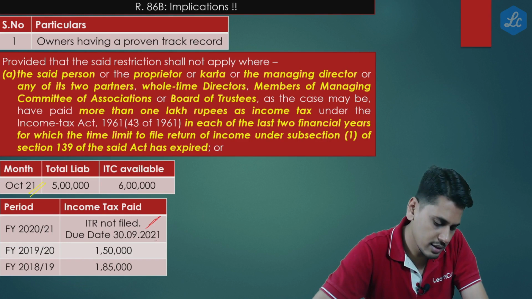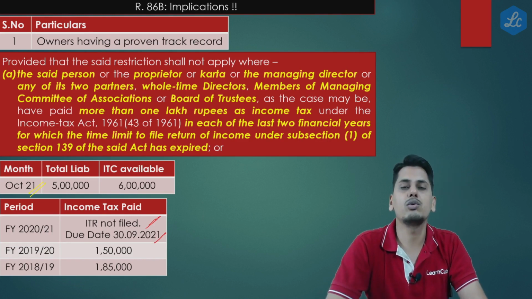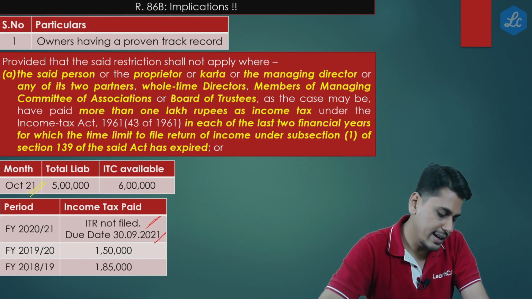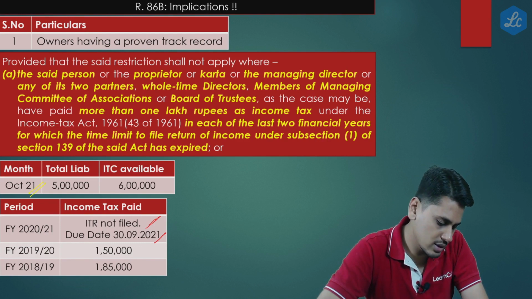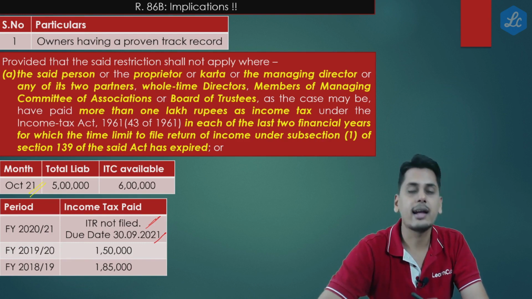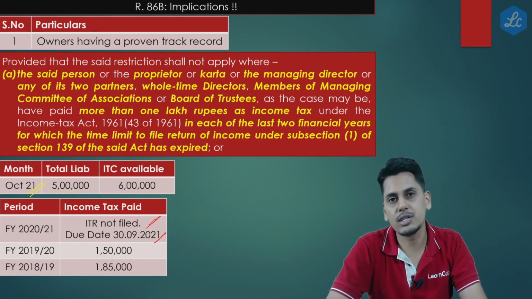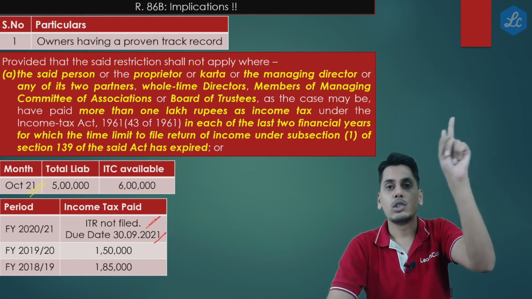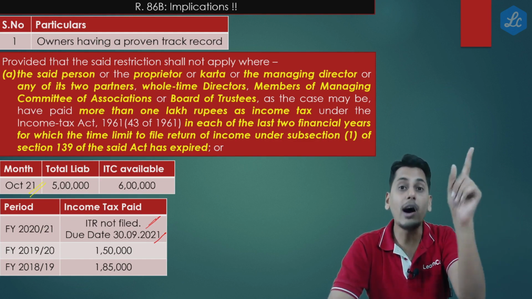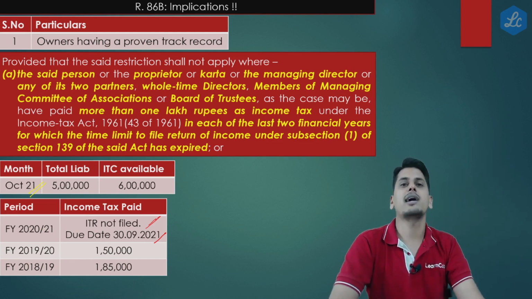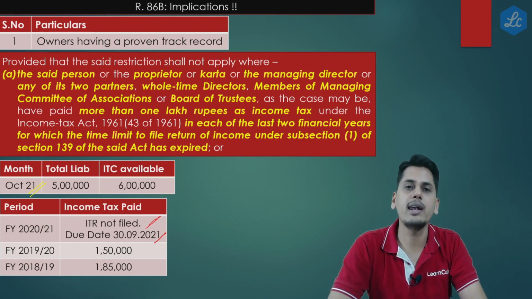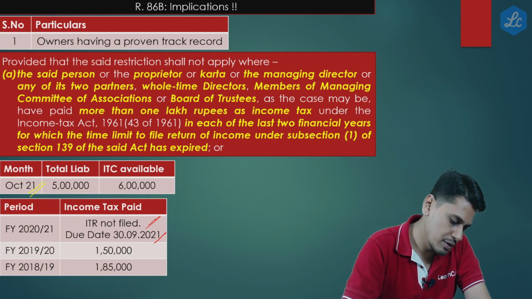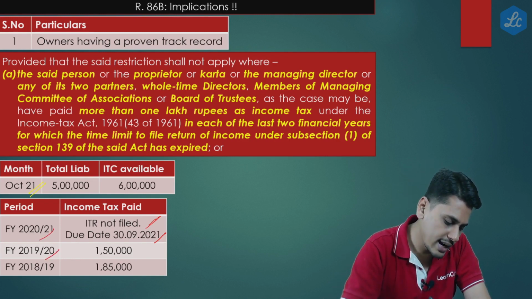What was the due date? 30th September 2021. 1920 ITR is filed, 1,50,000. 1819 ITR is filed, 1,85,000. Now the question is, which two preceding financial years are you going to take? You are going to take those two preceding financial years for which the due date to file income tax return under 139 subsection 1 has expired. So I am going to take financial year 2021 and 1920.